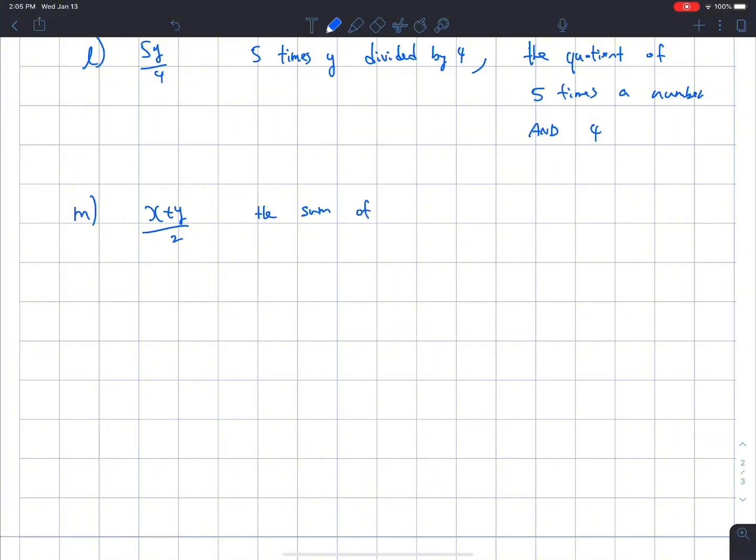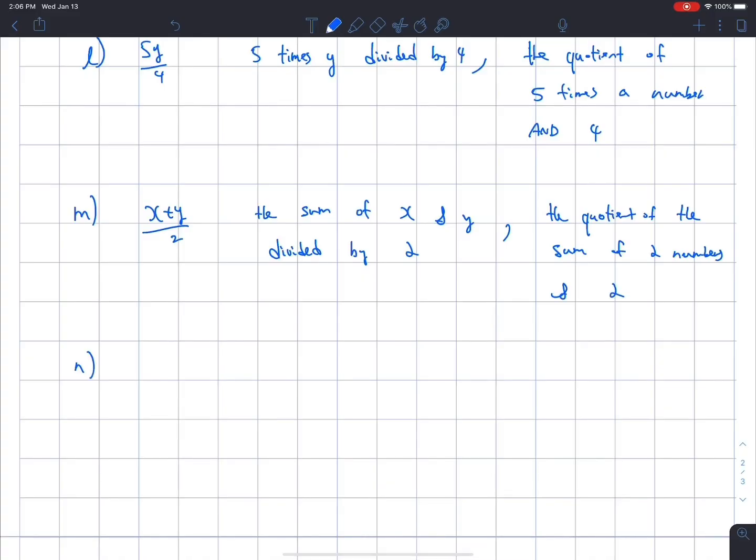Whenever I use the words the sum of, it means that we want to add first. So the sum of x and y, and then divided by 2. Okay, also use the words the quotient of the sum of two numbers and 2.